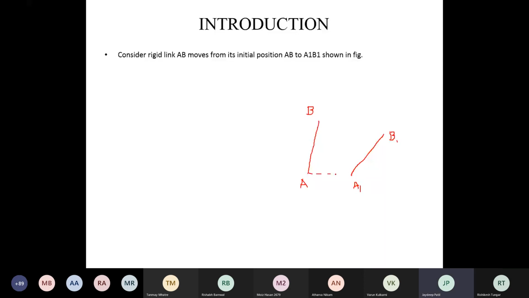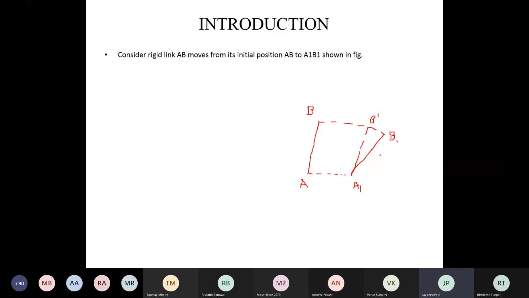You will get here, suppose I draw a parallel line, B dash. Now this is your translatory motion or linear motion. Next is your rotational motion. When any link moves from one position to another position, there are two motions that take place. One is a linear motion and another is a rotational motion. Correct?